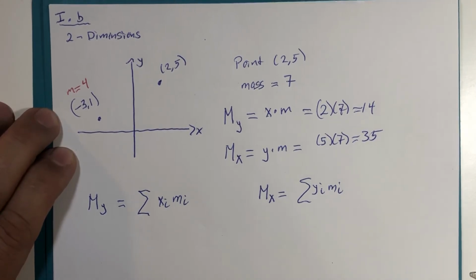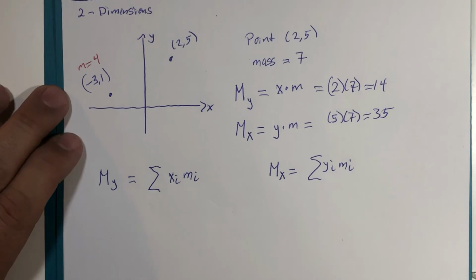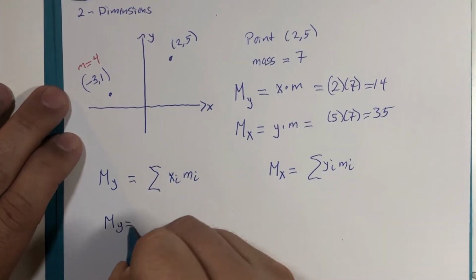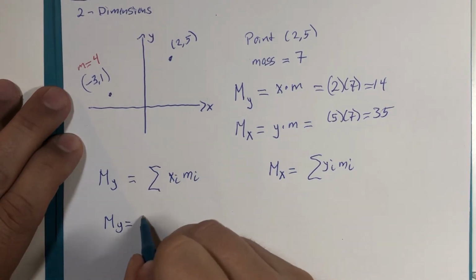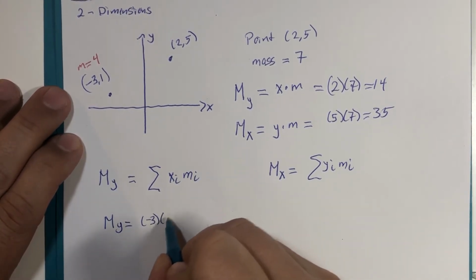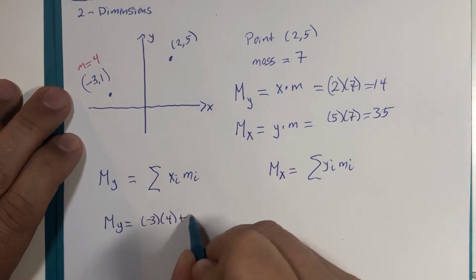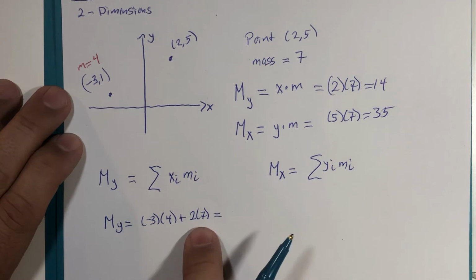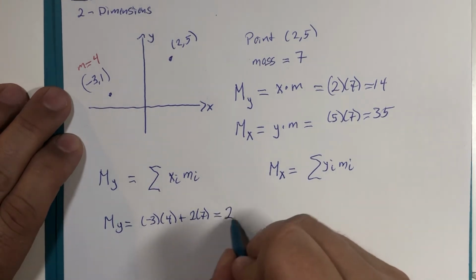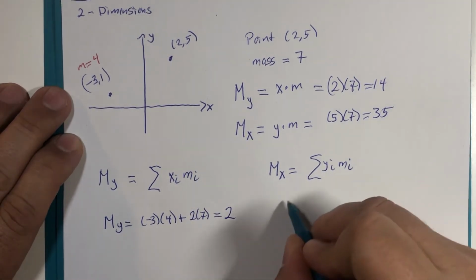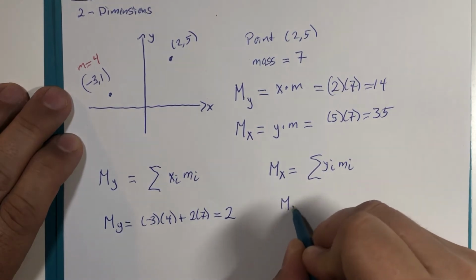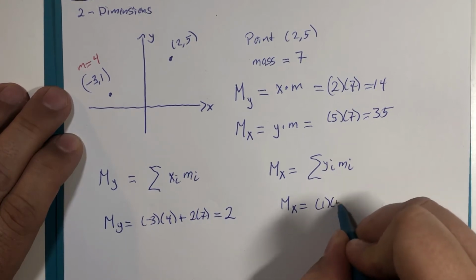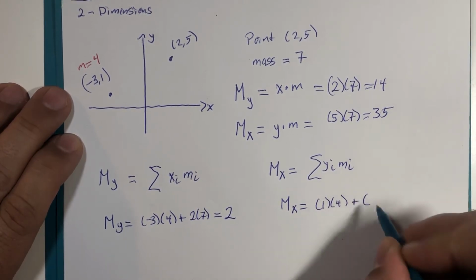So when I attempt to calculate the moment about the y-axis, I'll take each x value times its mass, -12 and 14 would be 2. And when I look at the same with the moment about the x-axis, we'll take each y value multiplied by its mass, and we'll total them up.